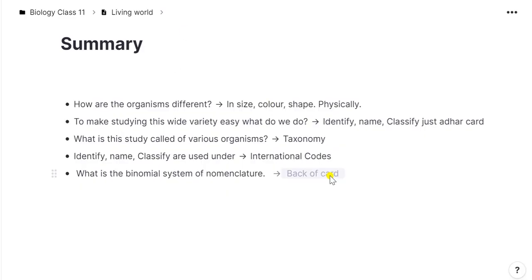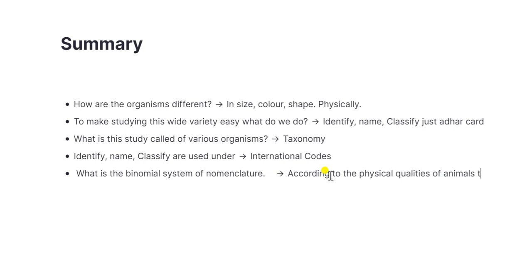So what is the binomial system of nomenclature? According to the physical qualities of animals, which include resemblance and differences.